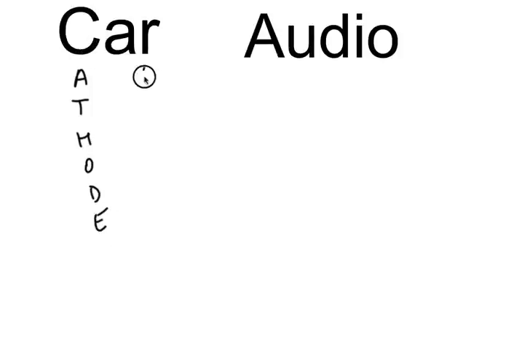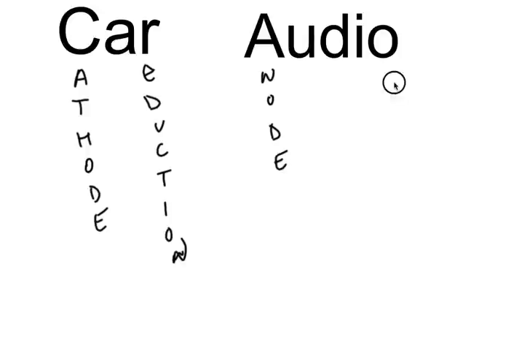Think cathode, reduction, and anode, oxidation. So you're going to hear me say car audio a lot in class when we're referring to these. The C represents cathode, it goes cathode reduction, anode oxidation. That's what I mean. It's a simple way to remember it.